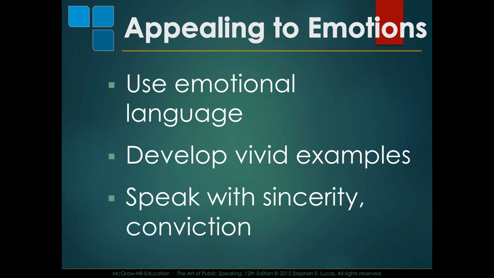Try to find a way when you are using your evidence to make that evidence as visual, as auditory, and make it to the point where people can almost smell the things that you are telling them, and that will appeal to their emotions. Speak with sincerity, speak with conviction.